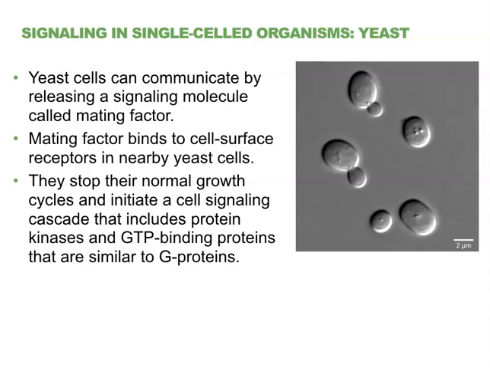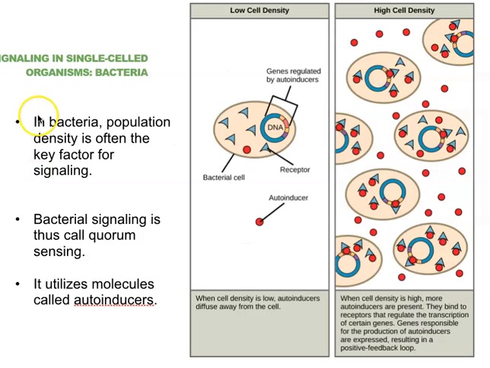I'm going to send you away to do a little bit of homework, because inside single-celled structures like bacteria, in many instances the density of the cells will drive the production not only of receptors, but also the signaling molecules. So when you have a very small number of bacterial cells, you'll have one set of signaling systems happening inside of the cell.